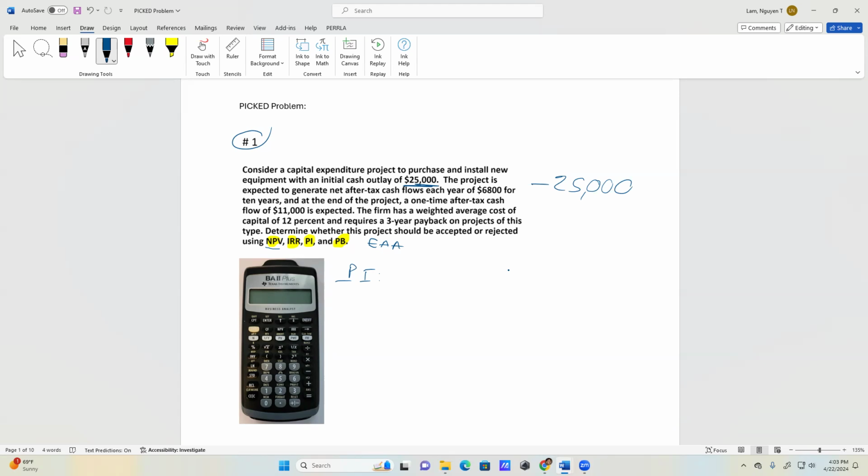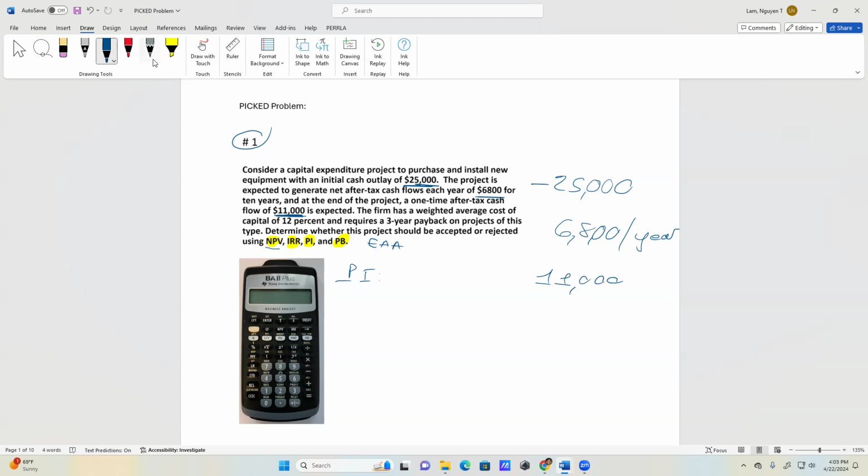Then the project is expected to generate a cash flow of 6,800 per year for 10 years. And at the end, there will be a last cash flow of 11,000 in the last year.